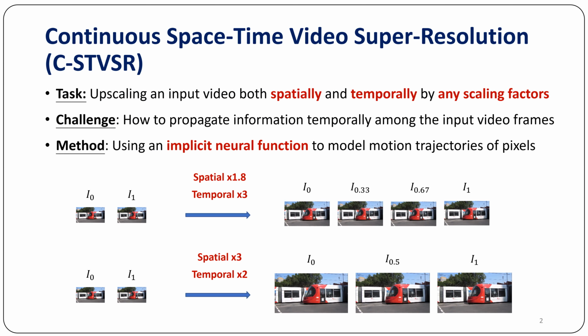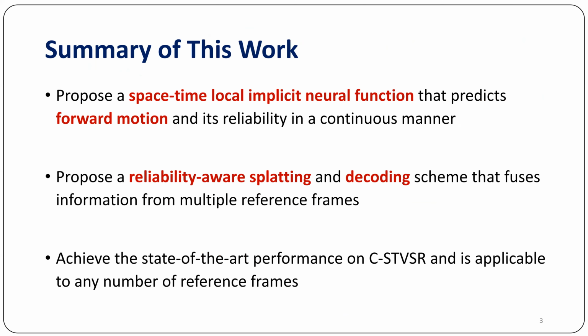One of the key challenges in this field is to propagate information temporally among the input video frames to any target spatial temporal location. To this end, we introduce an implicit neural function to model motion trajectories of pixels. In this work, we propose a space-time local implicit neural function that predicts forward motion and its reliability in a continuous manner.